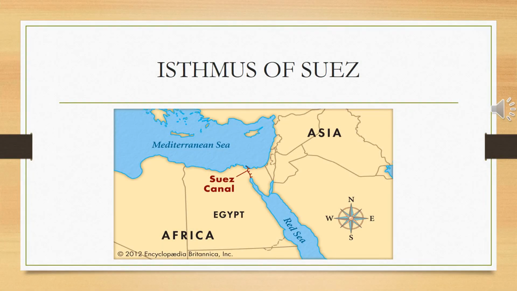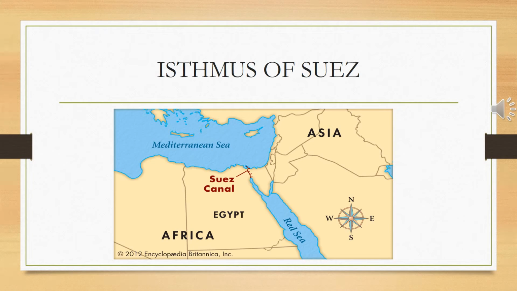Isthmus of Suez. The Isthmus of Suez connects the continent of Africa with Asia. It separates two water bodies, namely Mediterranean Sea and Red Sea. But a canal has been built there called Suez Canal, which connects the Mediterranean Sea with the Red Sea.